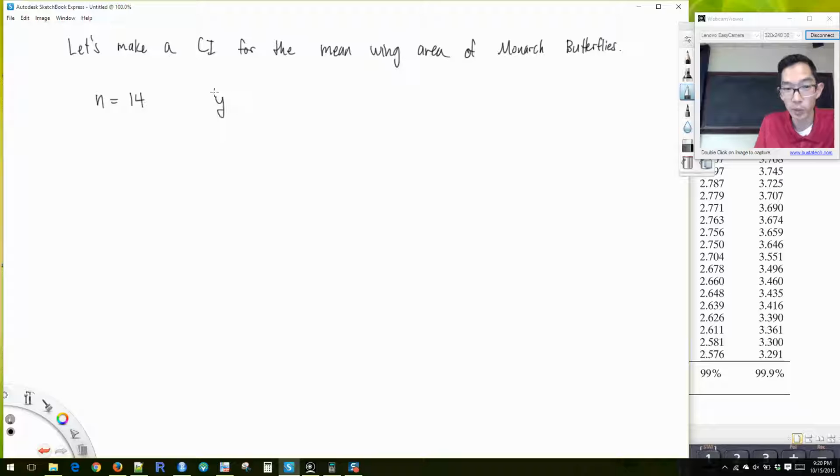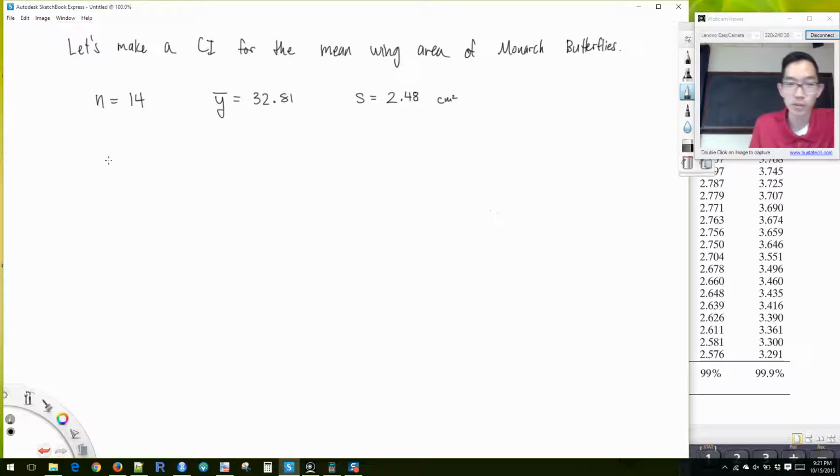We have a y bar of 32.81 and a standard deviation of 2.48. All of these are centimeters squared.